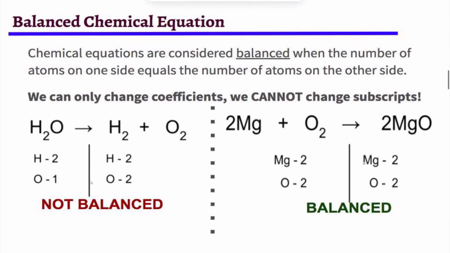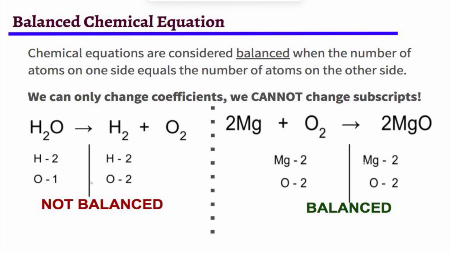A chemical equation is considered balanced when the number of atoms on one side equals the number of atoms on the other side. This one is different from that example above, because now we have H2O on the left. With no coefficients, H2O has 2 hydrogens and 1 oxygen. H2, because hydrogen is diatomic, has 2 hydrogens, and O2, also diatomic, has 2 oxygens.